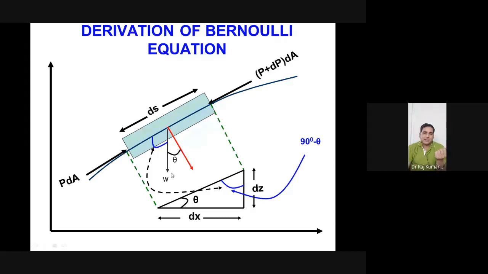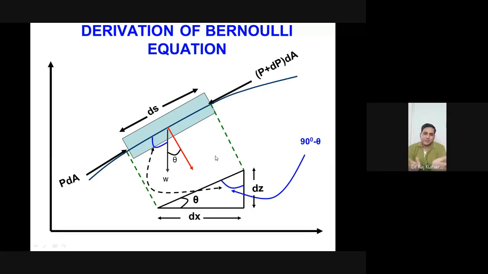This weight will act as W. Let's say its inclination from the vertical axis, the change in theta, is this. And your direction is taken in this side. So this is your x coordinate and this is your z coordinate we have taken. Everything here is fine.